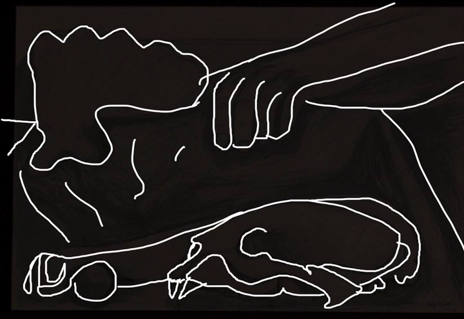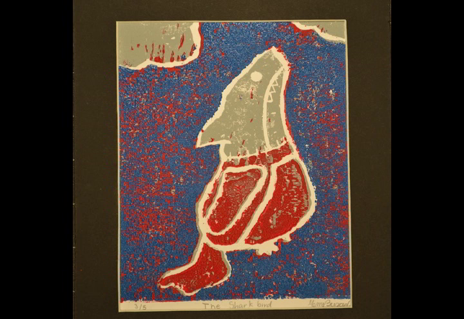Later, we had to create a lino cut. The main focus was to create a bird. So some of us chose toucans, songbirds, robins. I chose a shark bird. This shark bird is an idea of mine from my spare time.